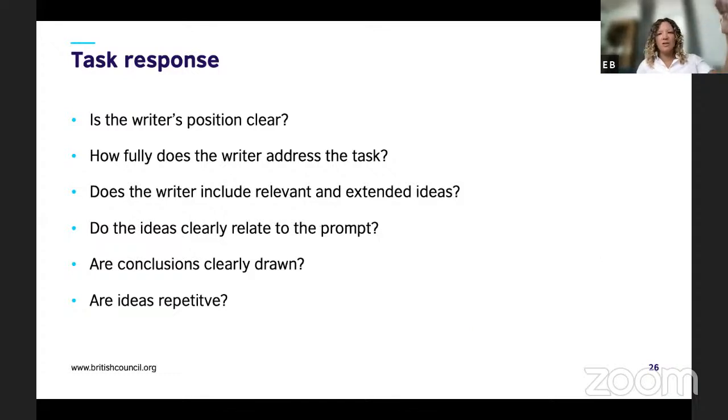Can we follow their essay throughout? Does it make sense all the way through, from going from A, B to C? And then lastly, are the ideas repetitive? Is the writer simply restating the same idea again and again, or are they actually developing those ideas?